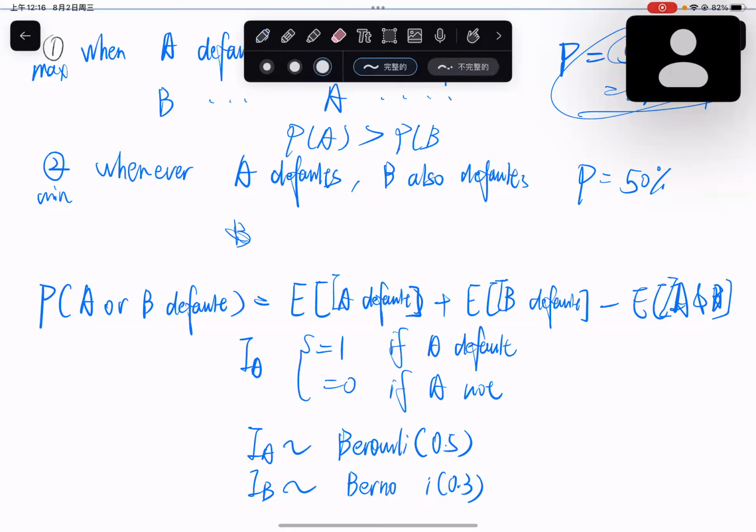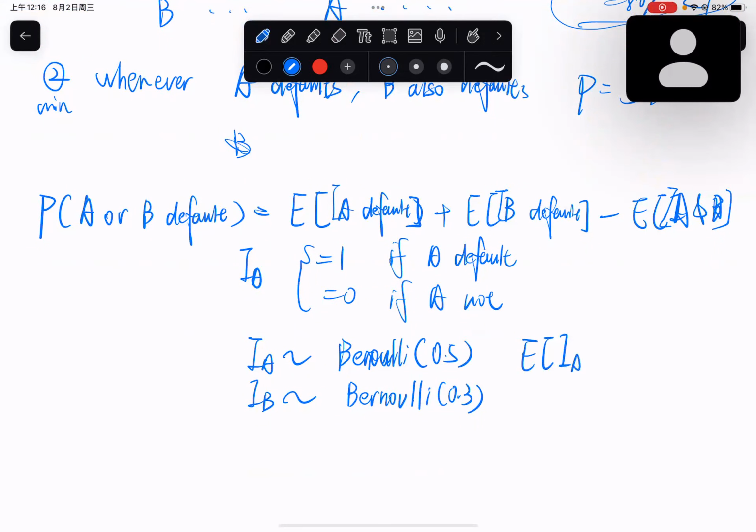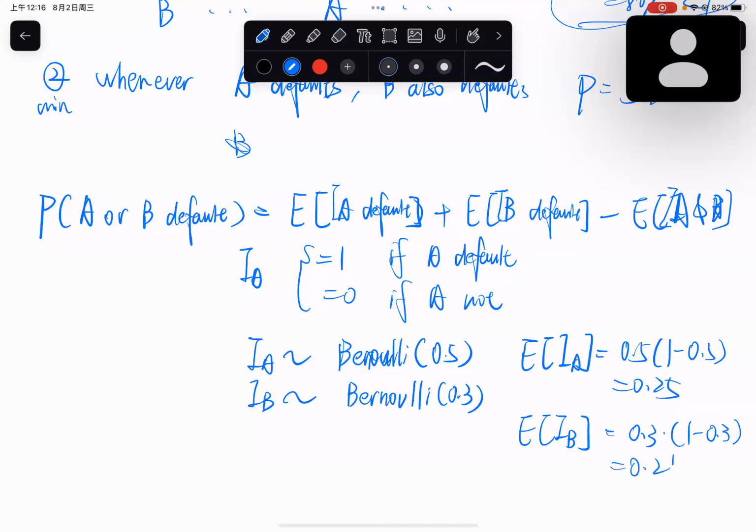Oh, sorry, there is no N here. This is Bernoulli. And we know the variance for the Bernoulli distribution is going to be 0.5 multiplied by 1 minus 0.5, which is 0.25. And for I_B, 0.3 multiplied by 1 minus 0.3, which is 0.21, right?